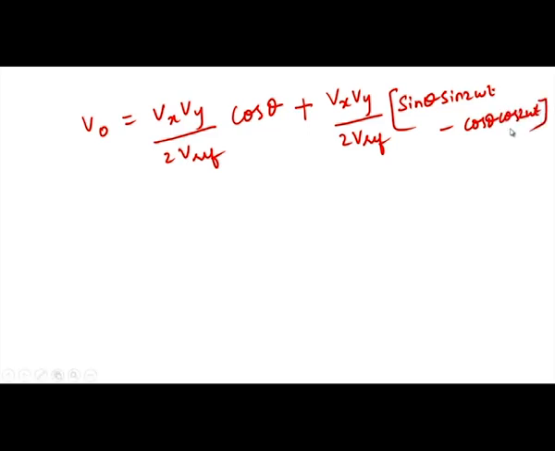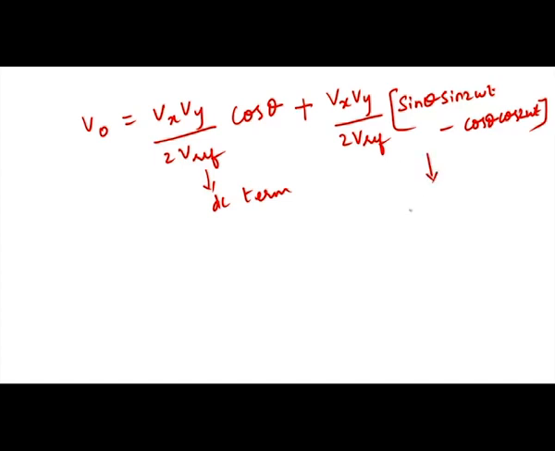So, this is the second term. This is the DC term, and this is twice the frequency of the input. Here we have given sin omega t, but now we have obtained sin 2 omega t. This is the frequency term, twice the frequency of the input signal.